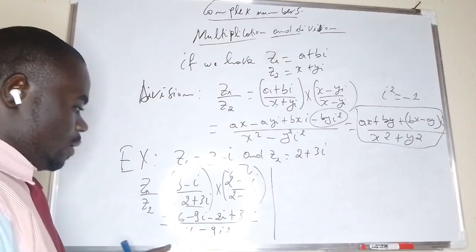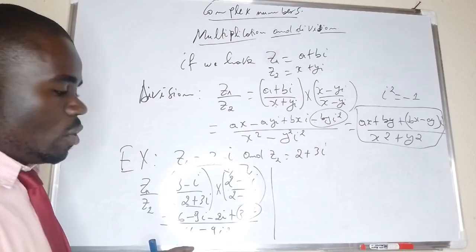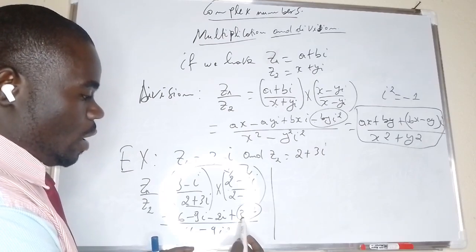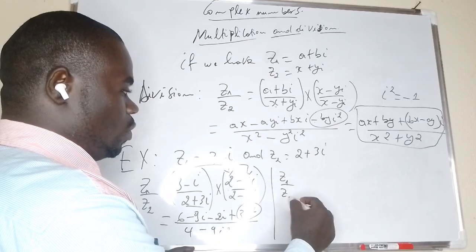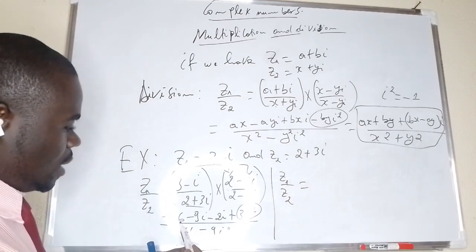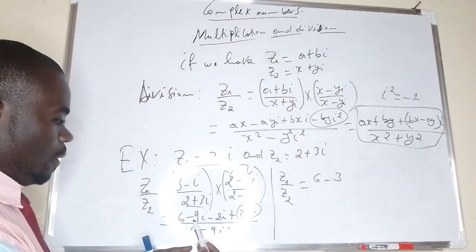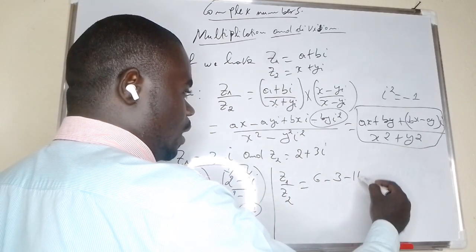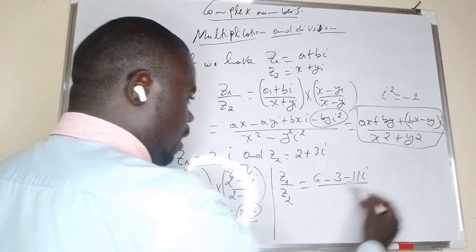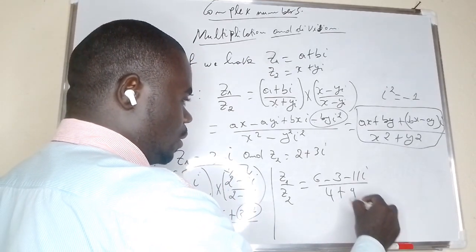This is equal to what? Normally this one becomes negative 3, because i squared is negative 1 times this, we get negative 3. So z1 over z2 is equal to 6 negative 3, then negative 9 negative 2, which is equal to negative 11i, dividing with 4 positive 9.